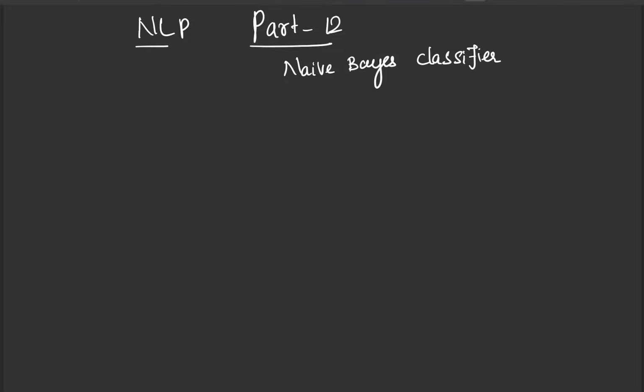This is part 12. In this class, we are going to learn about the Naive Bayes Classifier, which is the modified version of the Naive Bayes Classifier. Do you remember the formula for the Naive Bayes Classifier? In our earlier class, we saw it written as a product for the number of words 1 to n for a given document, which is the ratio of two probabilities.